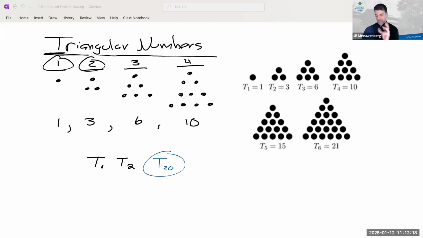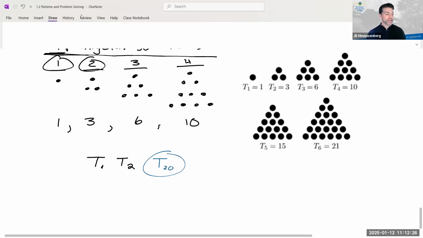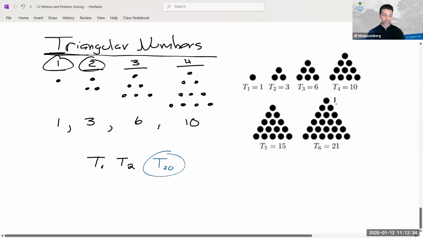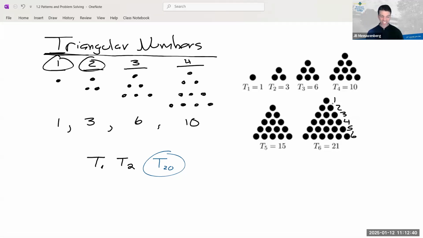So did you come up with your formula yet? Did you notice anything? Does that look familiar? Did that process sort of ring a bell at all? If you were going to try to find the 20th triangular number, what you'd really be doing is adding the number 1 plus the number 2 plus the number 3 plus the number 4 plus the number 5 plus the number 6, right?